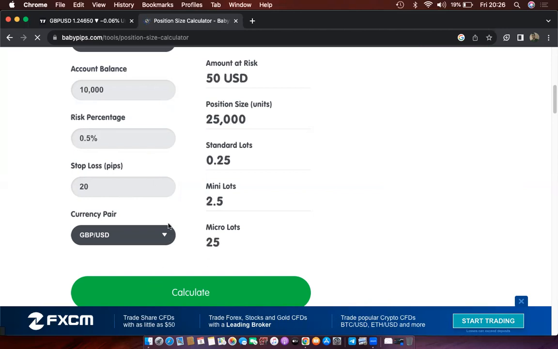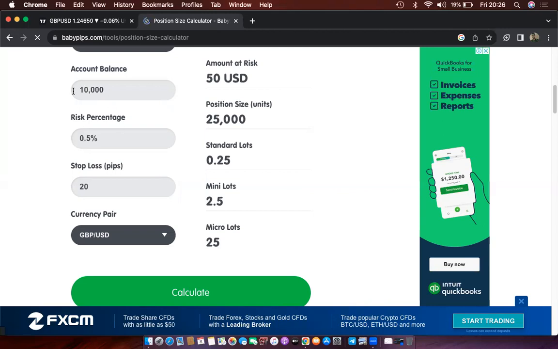So 0.5% of $10,000 per setup, you're going to be either gaining $50 or losing $50. Is this too high for you? Ask yourself that. So on a funded account of $10,000, if you're risking 0.5% per setup, you're going to risk $50.